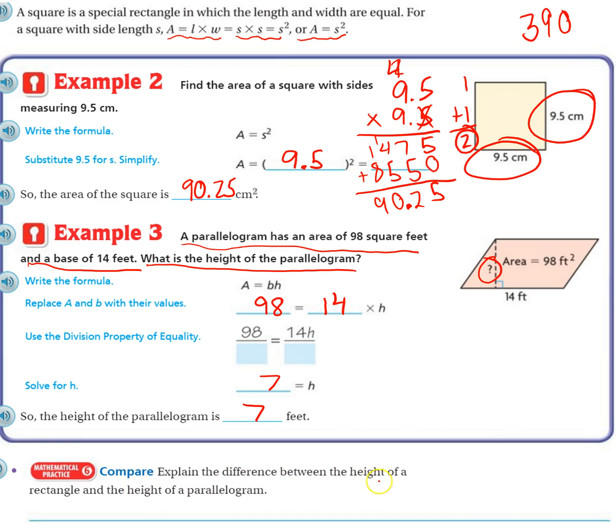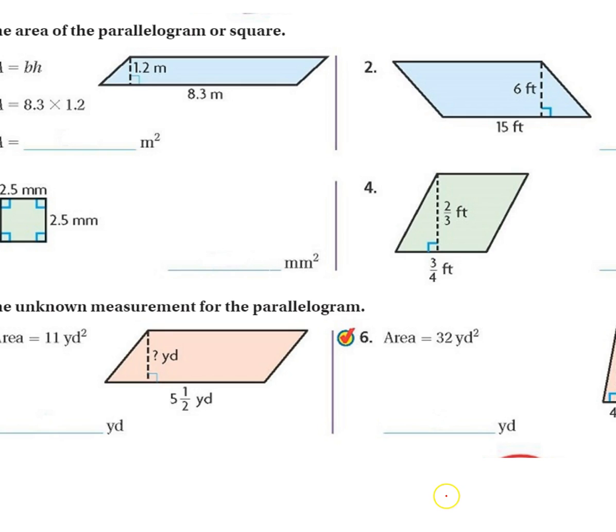Okay, explain the difference between the height of a rectangle and the height of a parallelogram. Okay. So for the height of the rectangle, or I'll just say, I'm going to shorten it, the h of the rectangle is one of the sides.